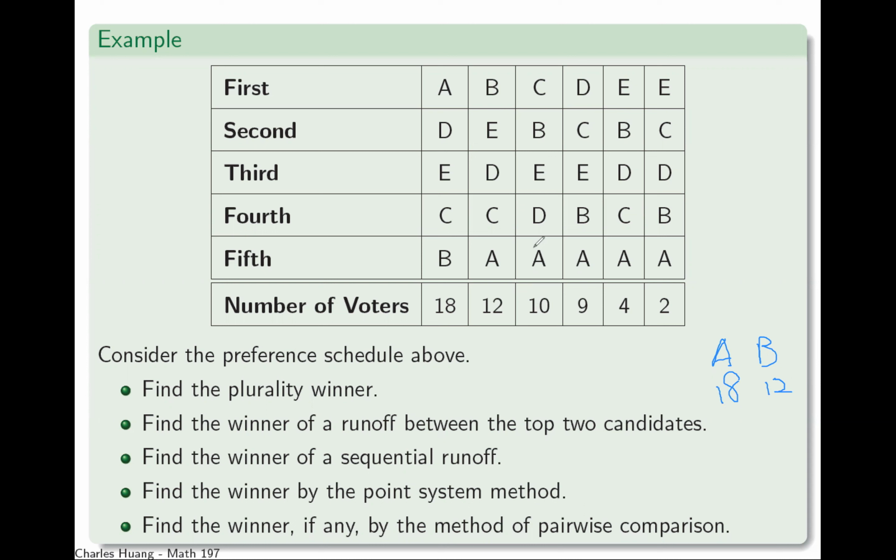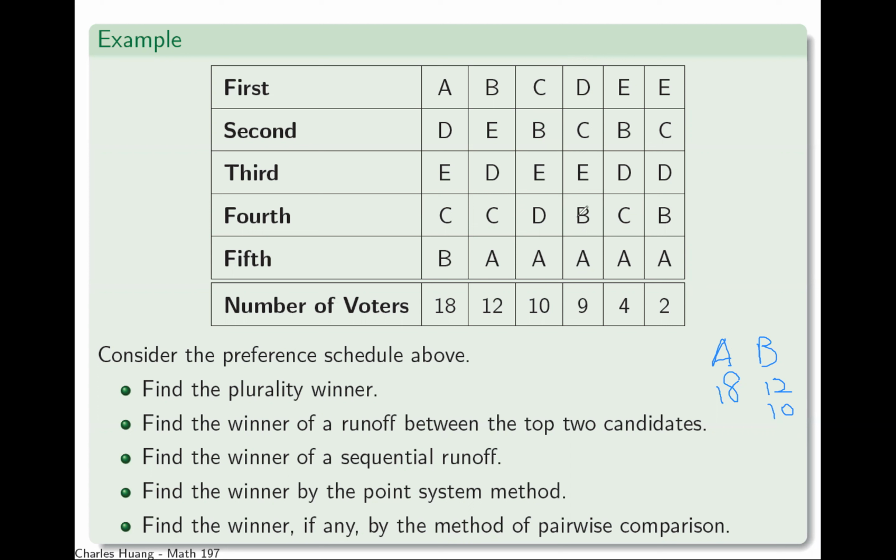The 10 people who originally voted for C, we have to look on the schedule to see who they are going to vote for next. Because C is not around, they will vote for B. B will have 10 additional votes. The 9 people here, same idea, they won't vote for D anymore.